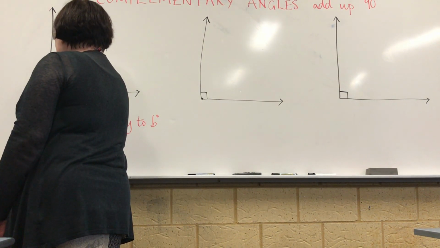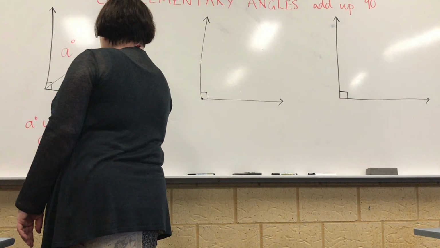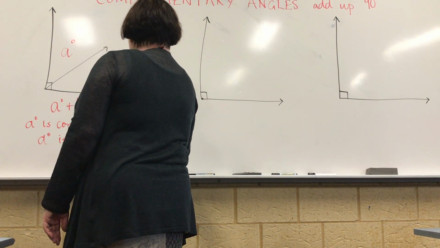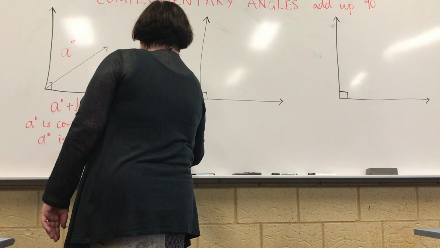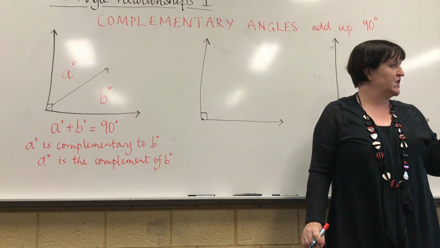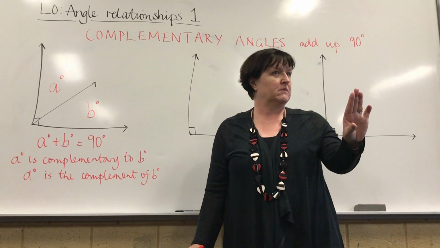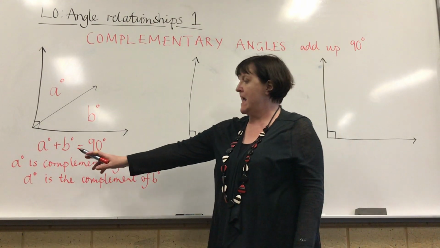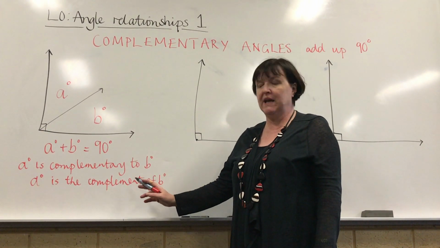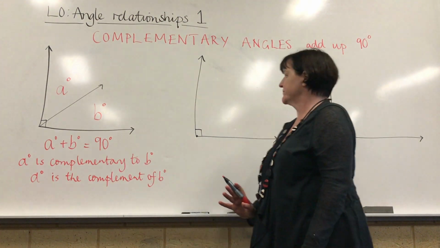You can say that angle A is the complement of angle B. So the 2 words that you need to know are complementary and complement. Angle A is complementary to angle B, and angle A is the complement of angle B.